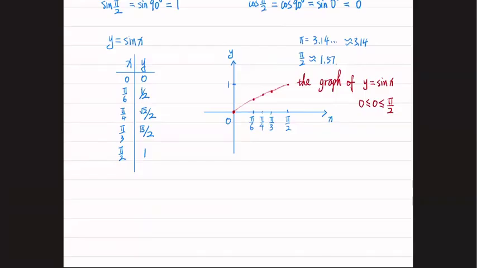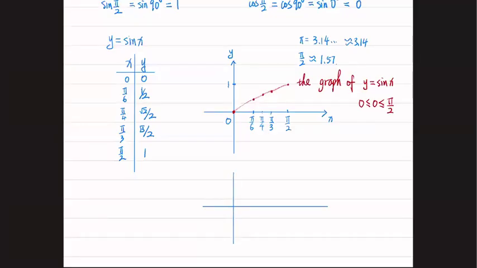This topic will be called trigonometry. Yes, and that's a function, so a trigonometric function.